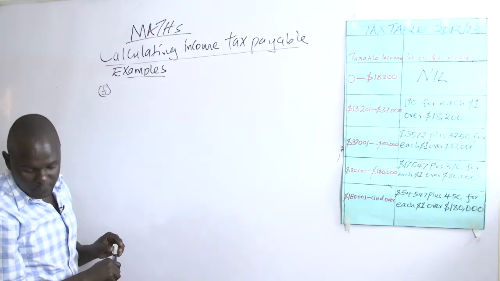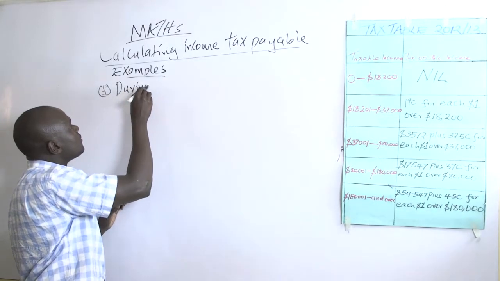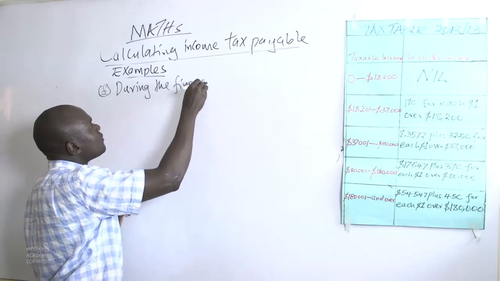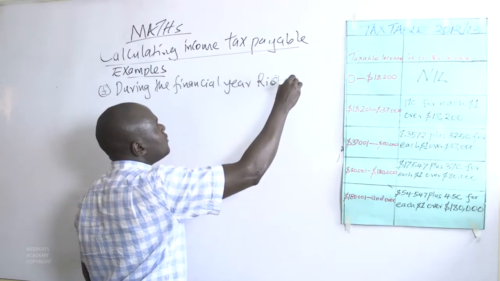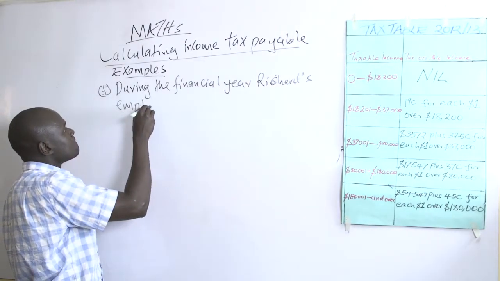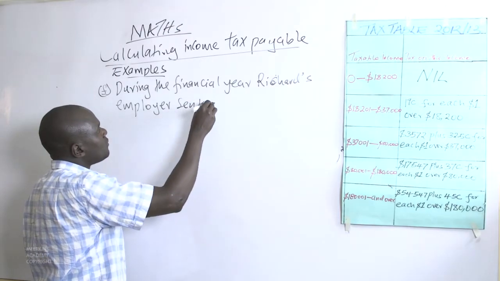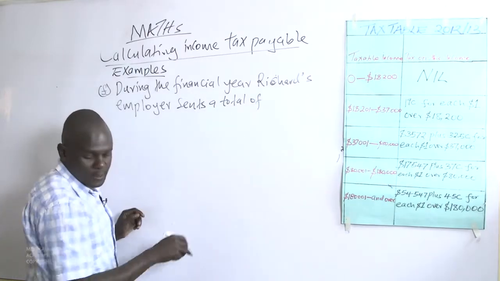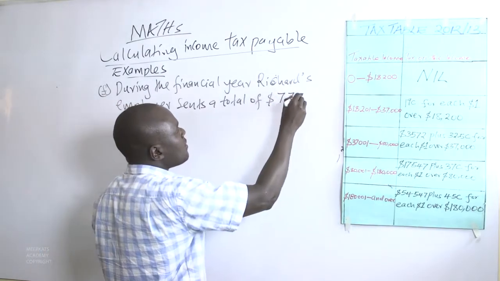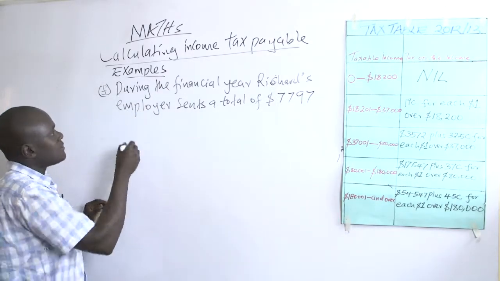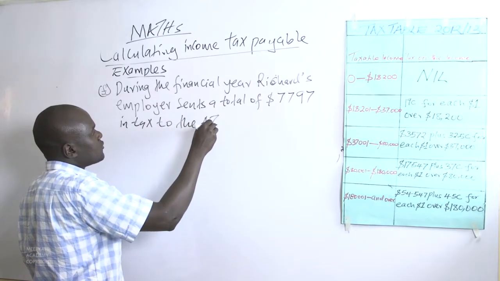And our last question is, during the financial year, Richard's employer sends a total of $7,797 in tax to the Australian Tax Office.